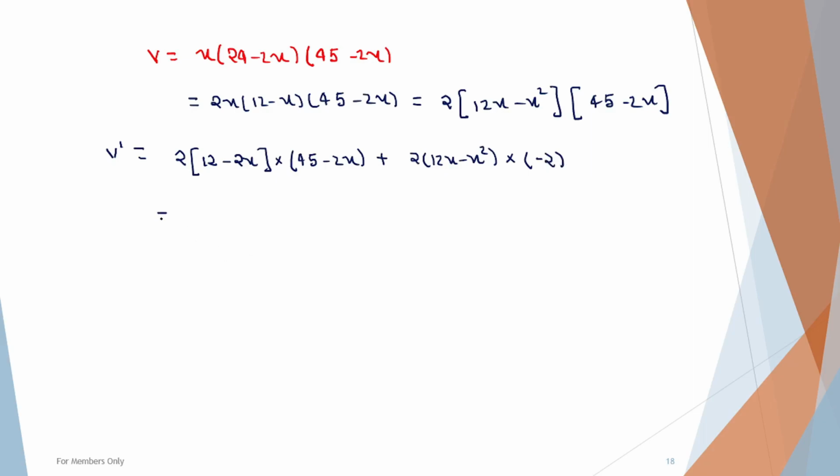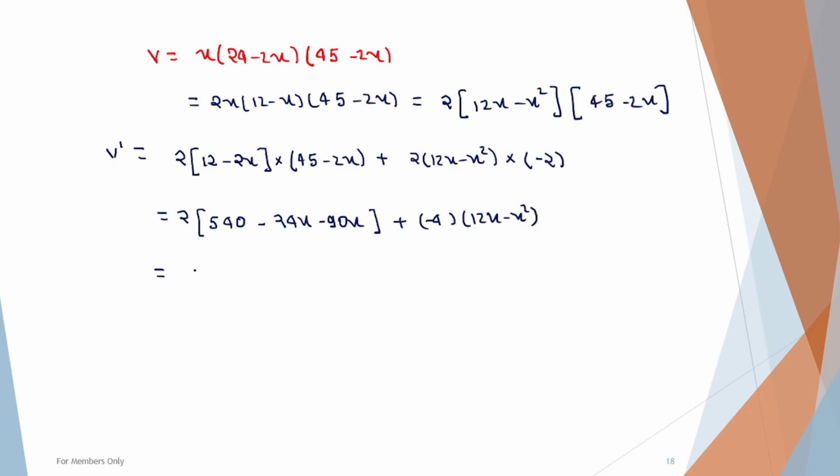Now we will multiply it. So it will be equal to 2 times 540 minus 24x minus 90x, plus minus 4 times 12x minus x square.